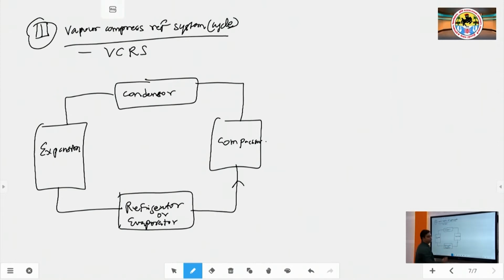So, the cycle goes from 1 to 2, that is the compressor, from 2 to 3, that is the condenser, 3 to 4, that is the expansion, and 4 to 1, that is the refrigeration.